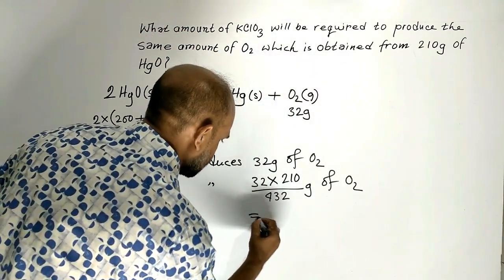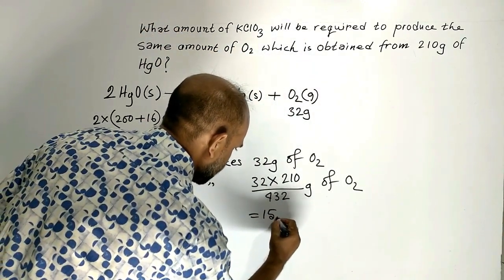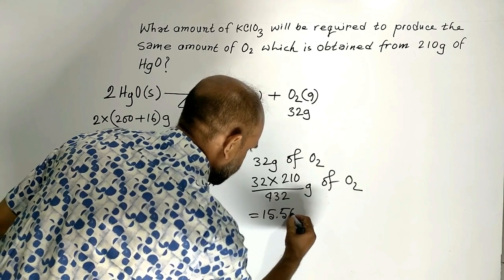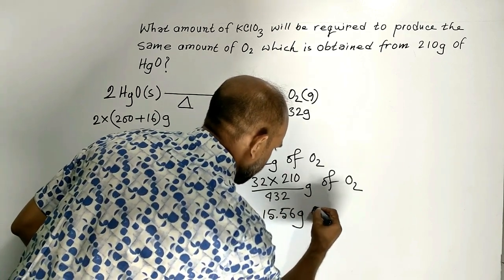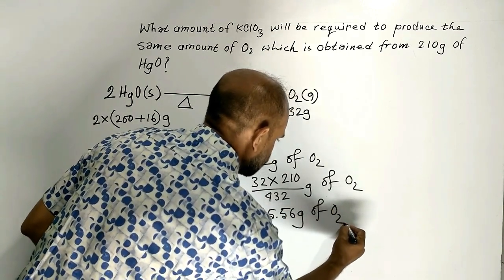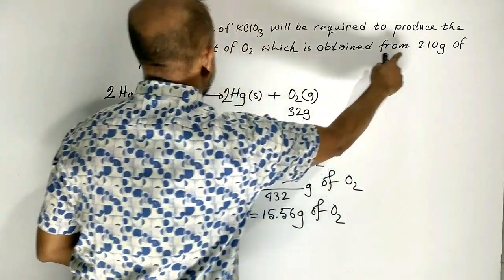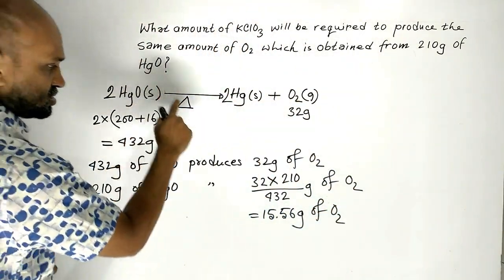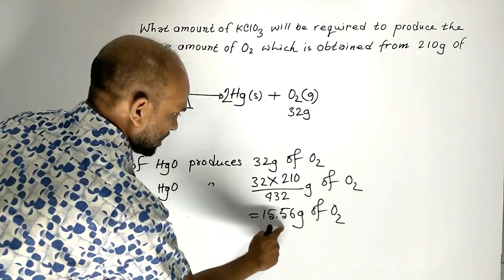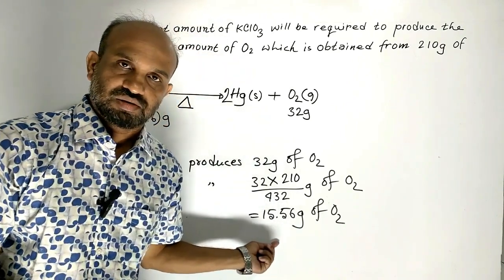This is equal to 15.56 gram of oxygen. That is, here 210 gram of mercuric oxide produces 15.56 gram of oxygen.